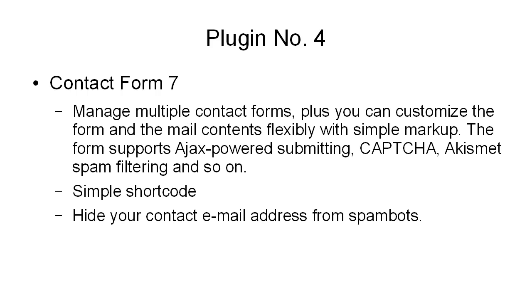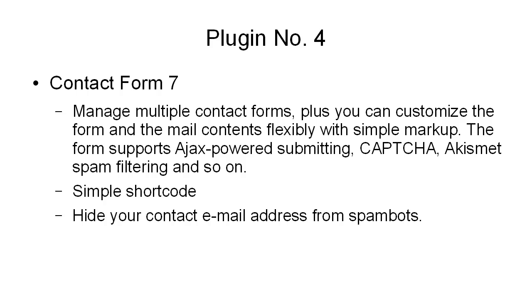Plugin number 4 is Contact Form 7. Now, there are lots of different contact form plugins out there, but I believe that Contact Form 7 is probably the best one around. And Contact Form 7 allows you to manage multiple contact forms, plus you can customize the form and the mail contents flexibly with simple markup.